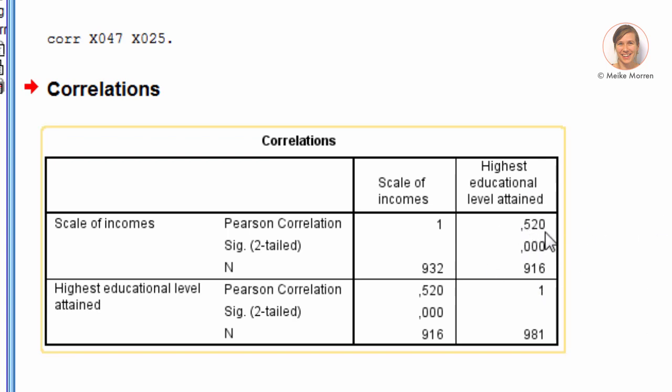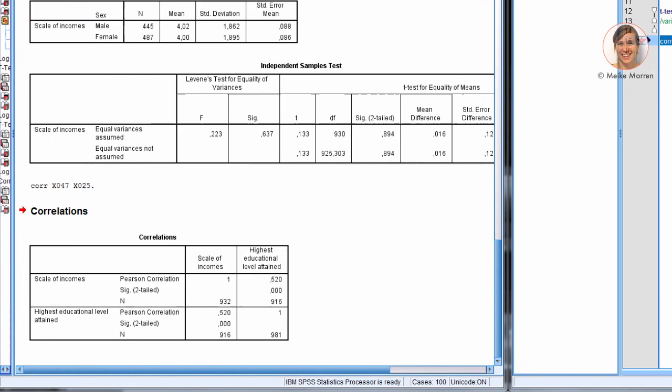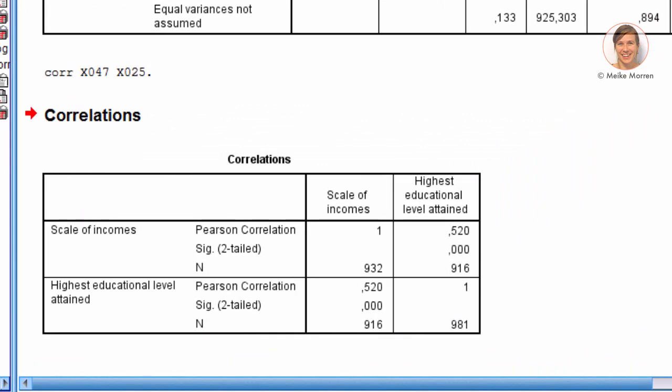The correlation coefficient is 0.5, meaning if you go up one scale of income, you will get a 0.5 higher unit on the educational level. And it is significant, which means that we can reject the null hypothesis. This means that in the population, most likely the correlation between education and income would not be zero.